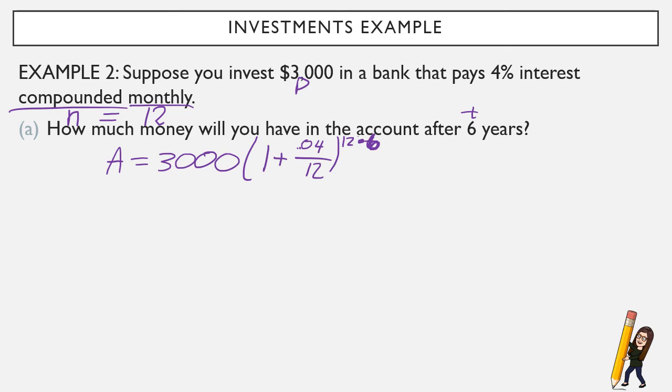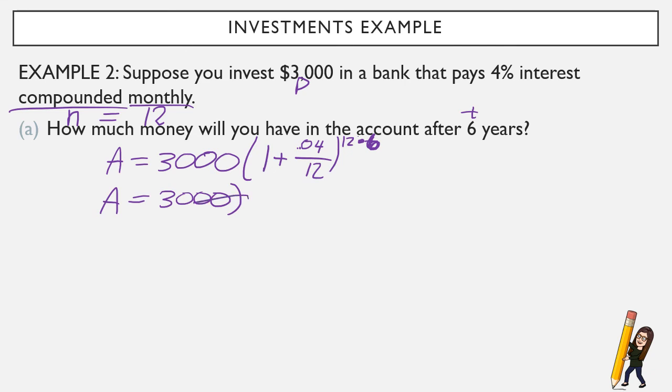So if you are using a calculator that's not scientific or graphing, you're going to have to start from the inside out. So this is what I do in my calculator. I'll just read through it. 0.04 divided by 12. Add the 1. Take that answer to the exponent of 12 times 6. What does that get me to? 72, so an exponent of 72, and then times it by the 3,000.